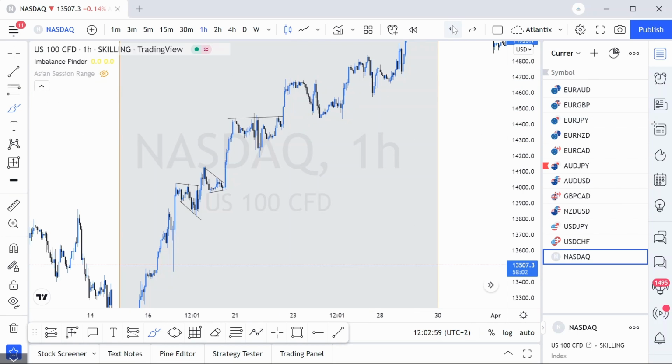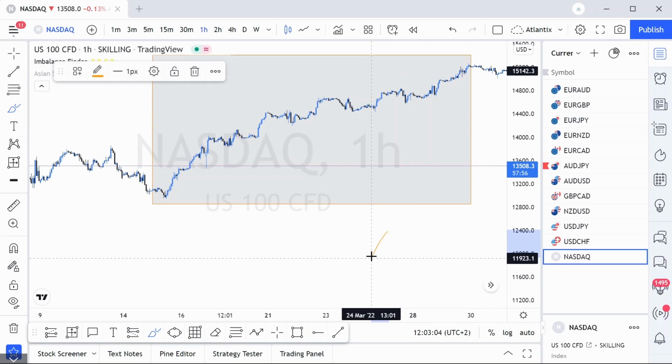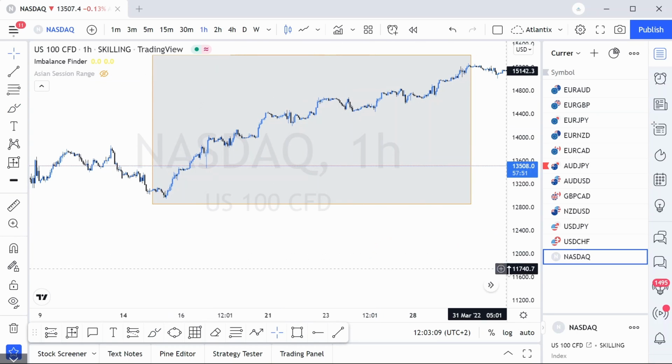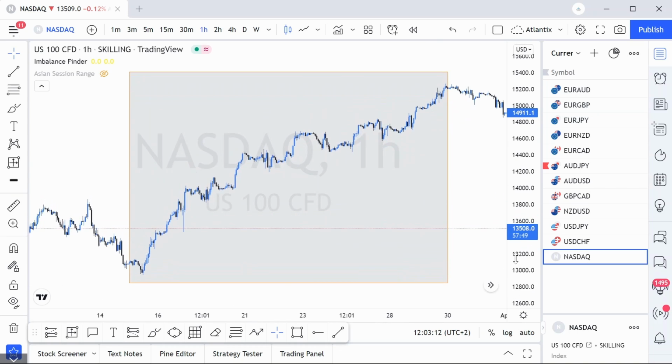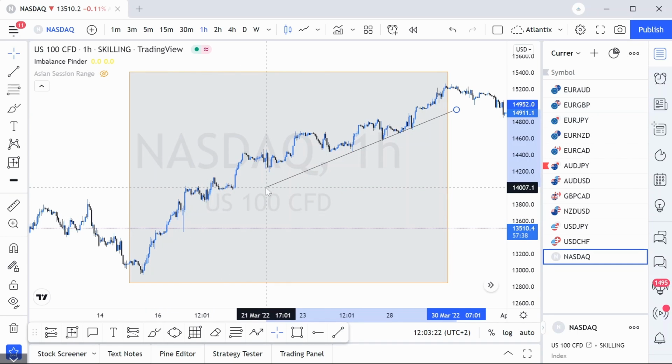So I'm sure by now you get the point. What I'm trying to illustrate is every time you've got a strong trend, let's do that. Every time that you've got a strong trend, as is the case over here, right, we can see that the market is moving up.